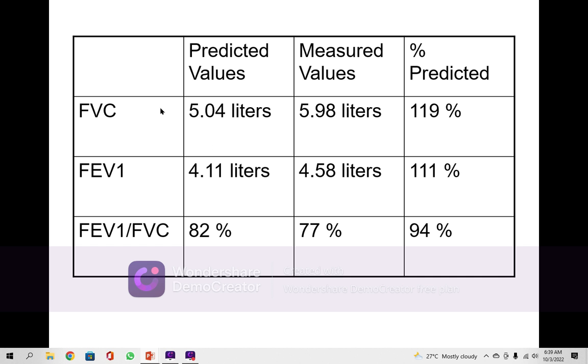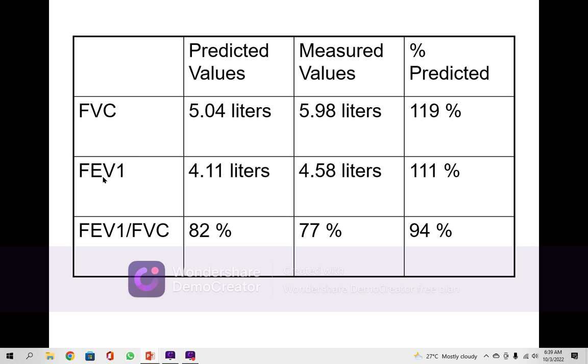Another patient had a predicted value of 5.04 liters. The measured value is 5.98, which is 119%. 120% is normal in most cases, but it is definitely on the higher side.